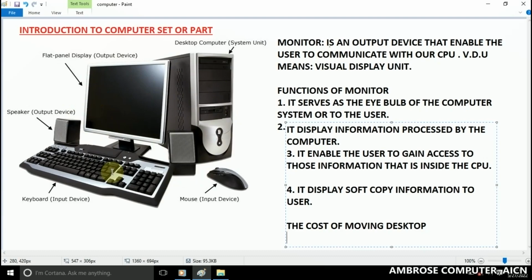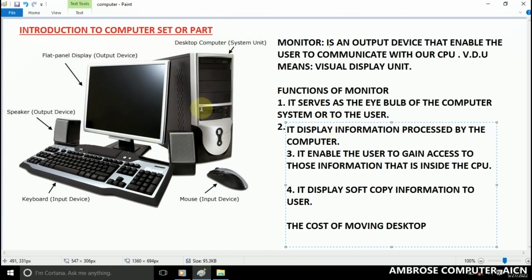If you are using a laptop to carry out your practice, all the units are in one particular form, none of them separated from each other. So this one is called a desktop computer, and the other one I just mentioned is referred to as a laptop computer.